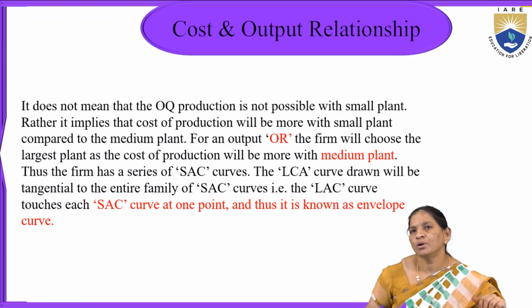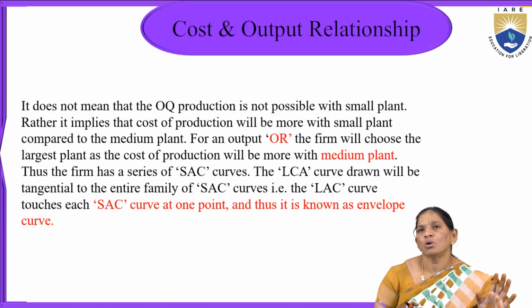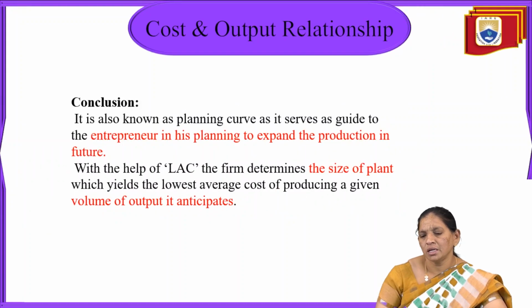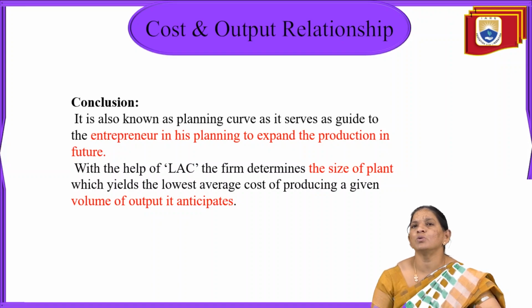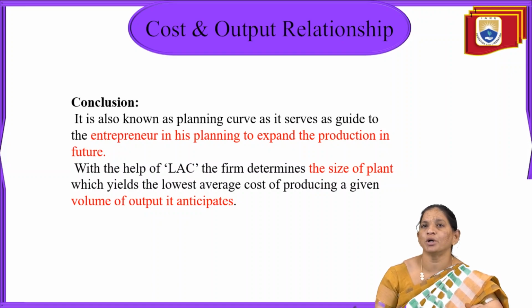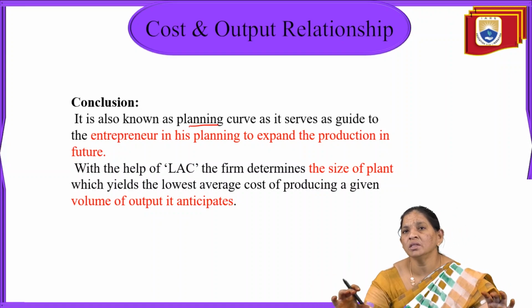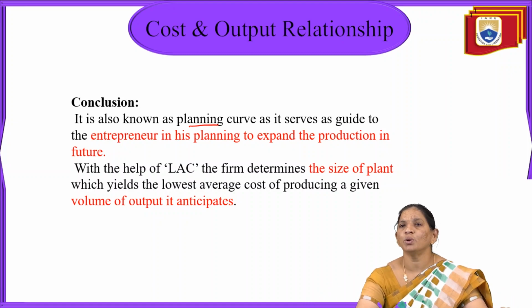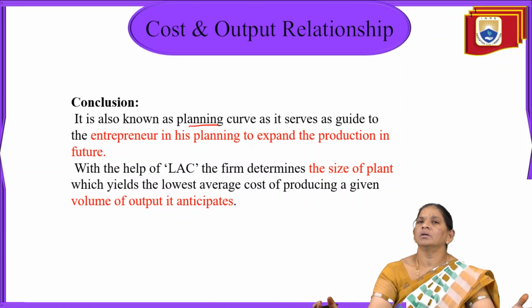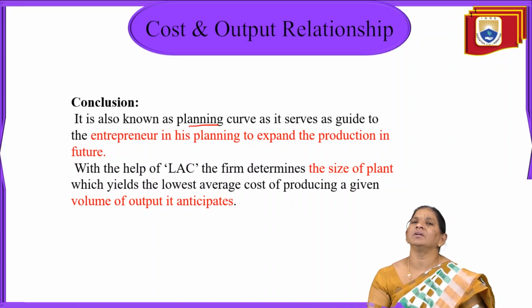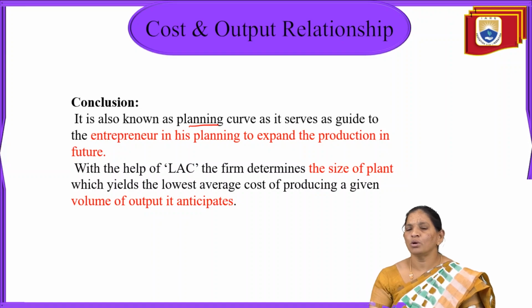Here we can see the cost and output relations in the long run, and this long run envelope curve is also called a planning curve. By looking at this curve, entrepreneurs can get an idea of how far they can expand their organization in the future, and they have an estimation by analyzing this long run cost curve.